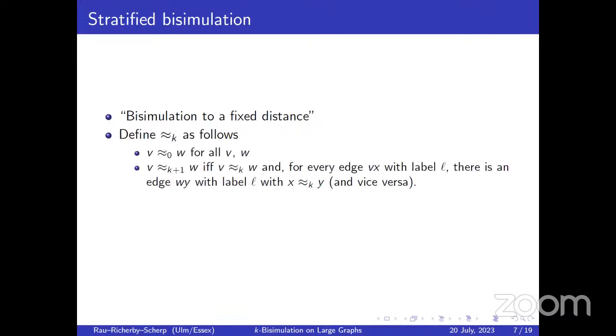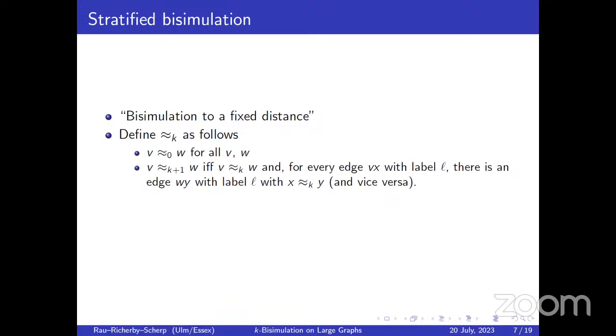So we'll define bisimulation out to distance k inductively. For bisimulation out to distance 0, if you don't look at anything, anything is going to be a 1. So all vertices are equivalent at level 0.